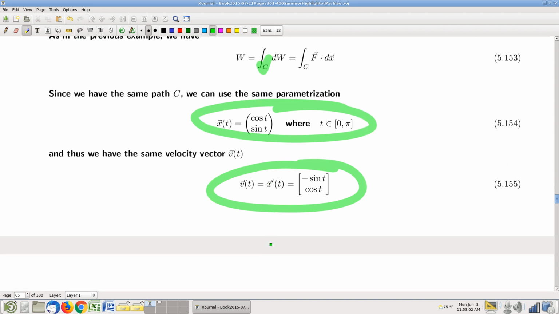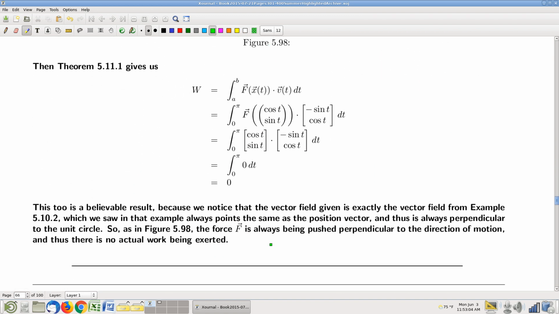So that's pretty much the same going on there. So that's the same, that's the same. We are still plugging in the same parameterization into the vector field because we are still going along that same curve. Again, the only difference is now we have a different vector field. Here, F of (x, y) is (x, y). Different vector field.